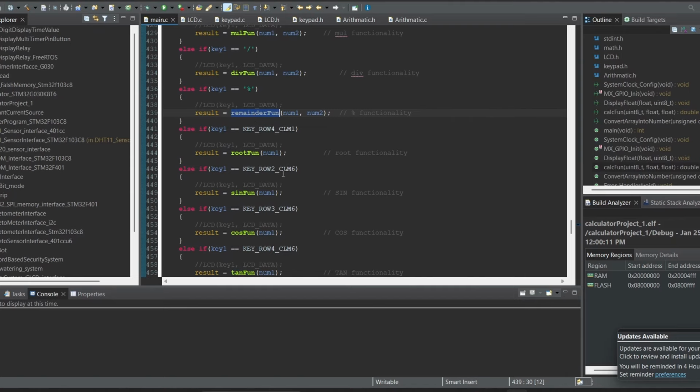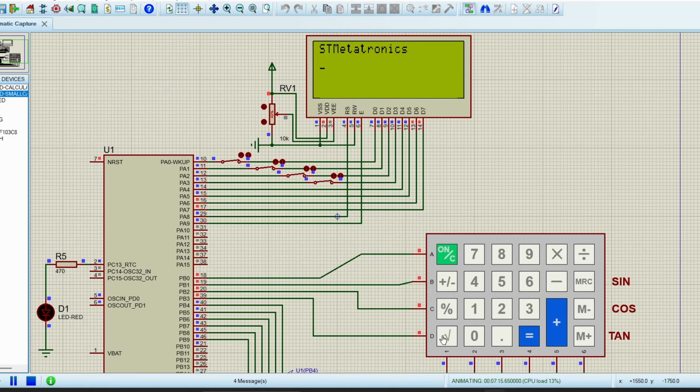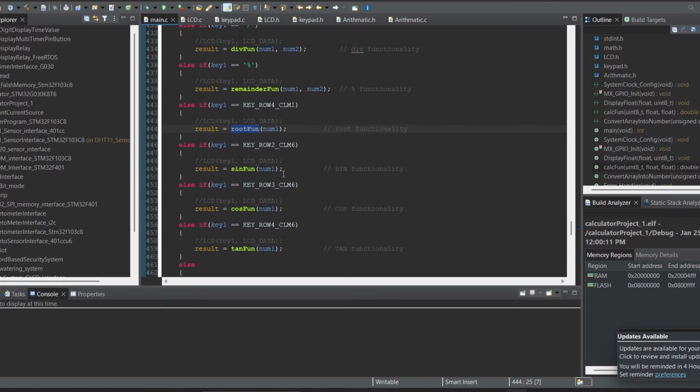Now what we are adding is root functionality, sine, cos, and tan functionality. These four or five functionalities we are adding. So root functionality is like, whenever we are pressing the key from row 4 column 1, we should get the root of the number that we have entered.